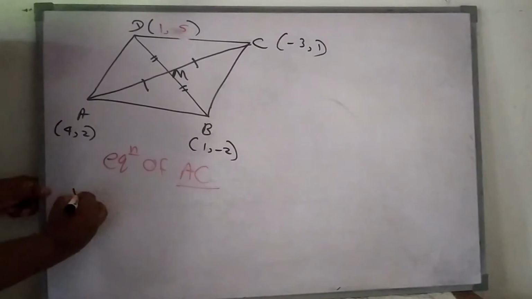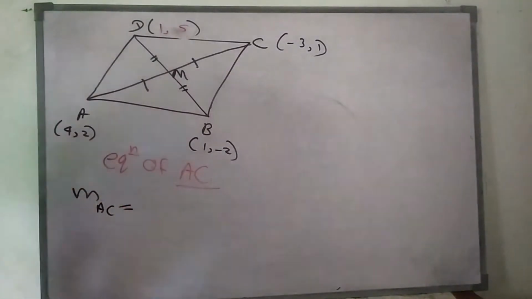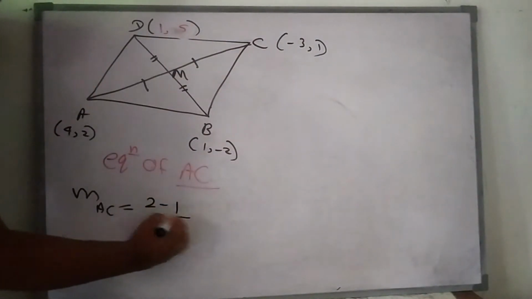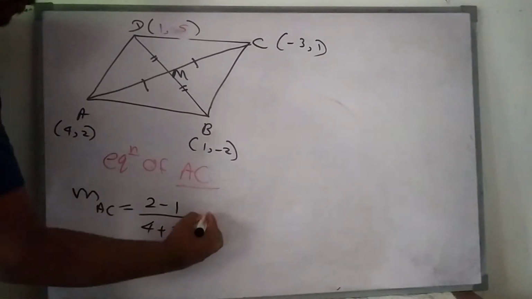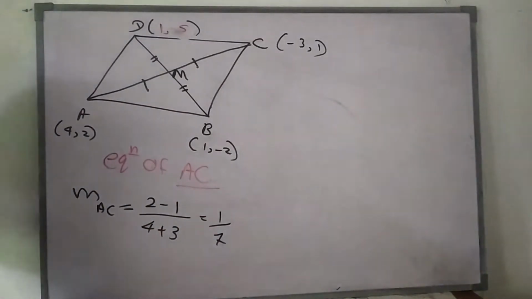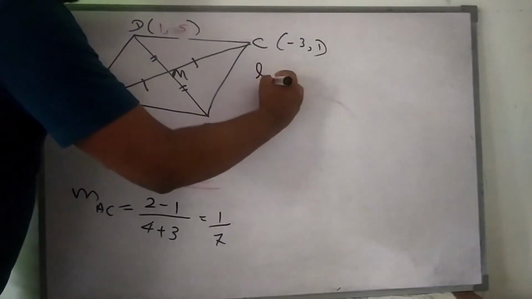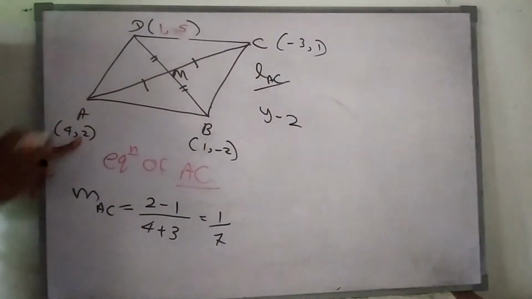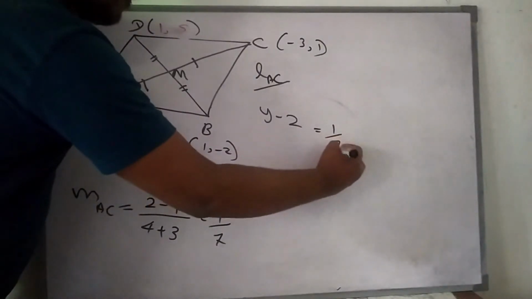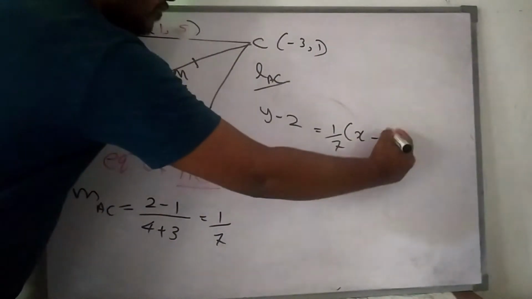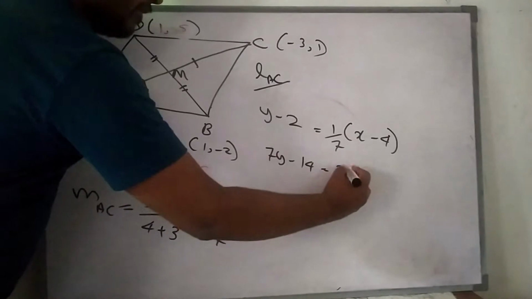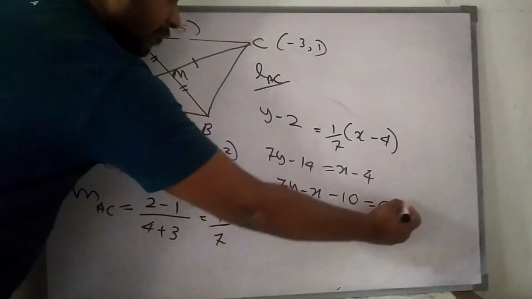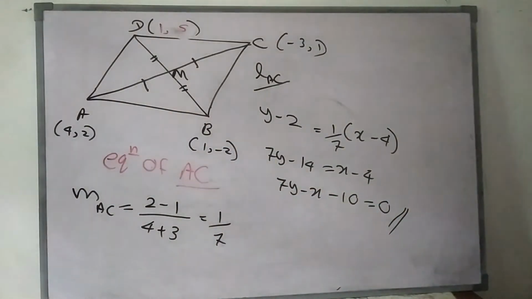I just need to find the gradient m of AC, right? m of AC is one over 7, and the equation is y minus y coordinate, you can select any coordinate. I select a coordinate, right? x minus x coordinate is 4. 7y minus 14 equals x minus 4. This is the equation of the AC line, right?